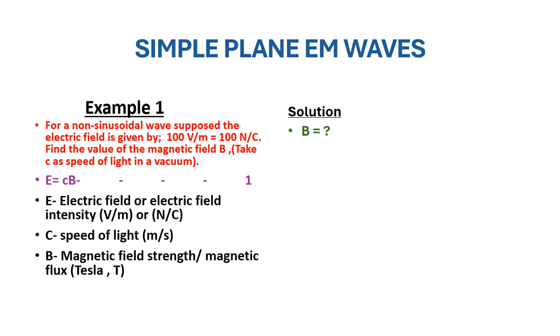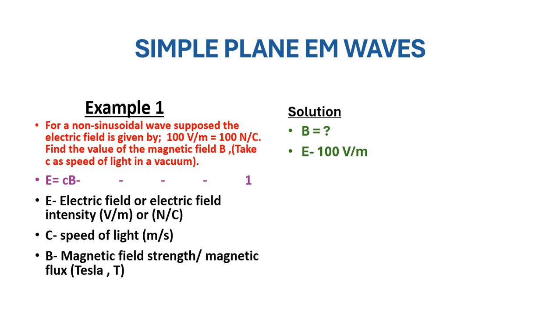Solution. Since we were asked to solve for B, I write B equals. That's the unknown quantity, meaning that in equation 1 we make B the subject, substitute the given values for E and c, and obtain our answer.